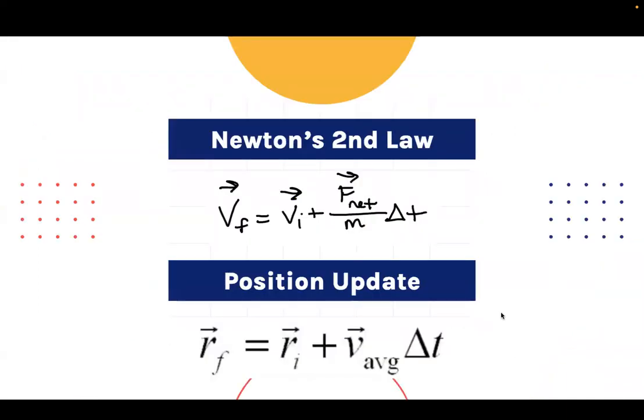As a refresher, Newton's second law is final velocity equal to the initial velocity plus the net force over mass times time. Using Newton's first law, we can see that an object will not change its motion unless acted on by an unbalanced force. And in this case, we are assuming the net force will be 0.